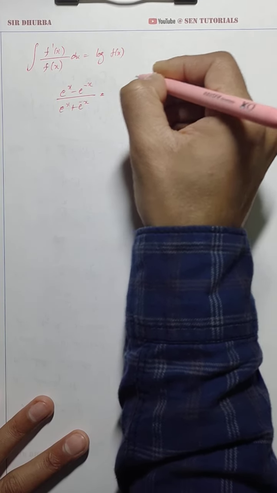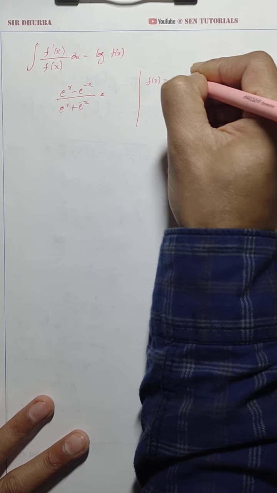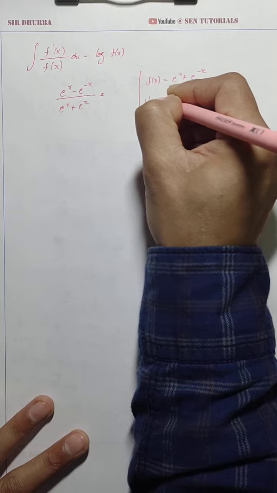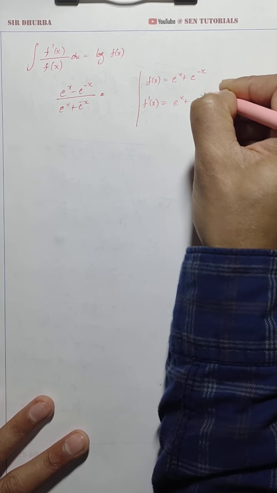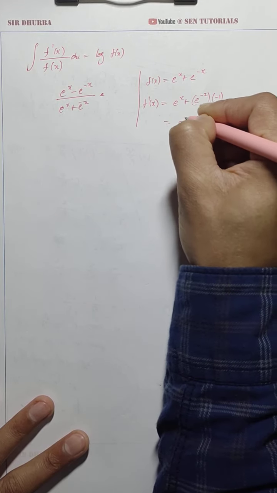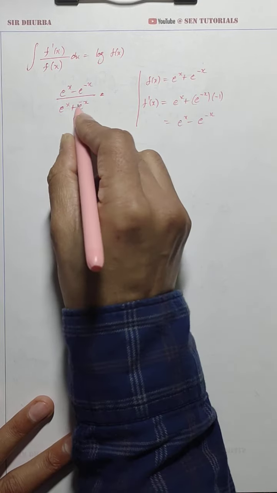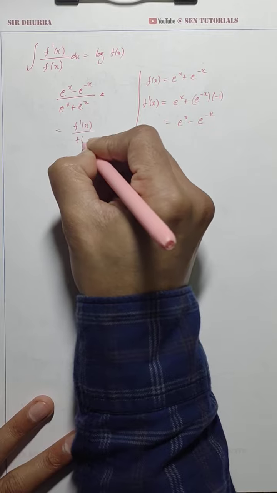If you can identify the function here, e power x plus e power minus x, what is the derivative of this function? e power x plus e power minus x into minus 1, that's e power x minus e power minus x. Now you see, isn't this in the form of f dash of x by f of x?